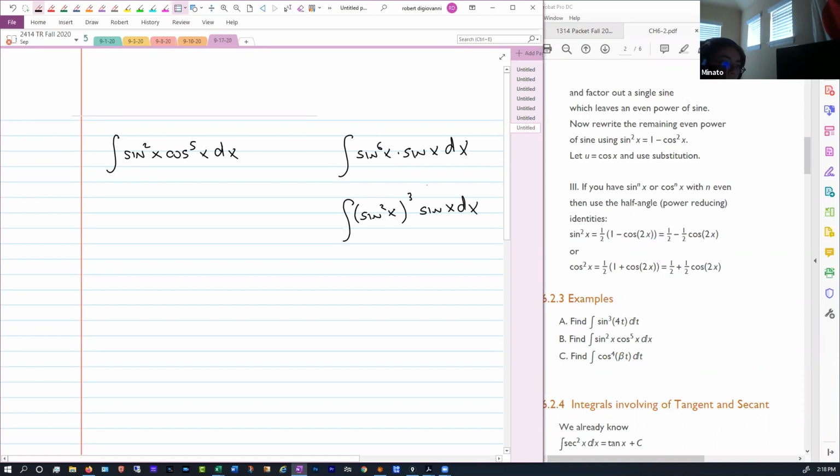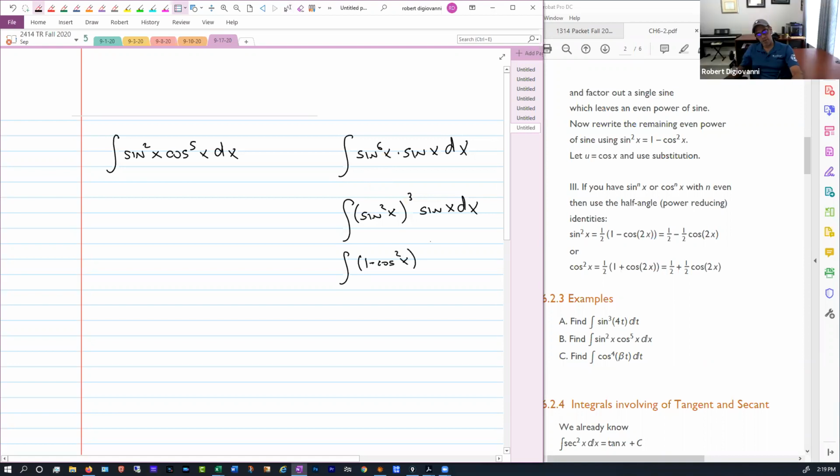Would it just be 4 to compensate into the cosine to the 6th power? Yeah, I would do sine to the 6th and rewrite that as sine squared cubed. Because 2 times 3 would give me my 6, right? And then that would give you a 1 minus cosine squared x cubed sine x dx.